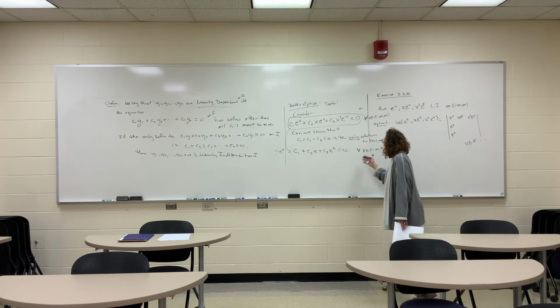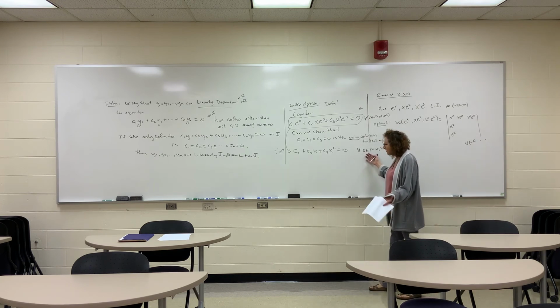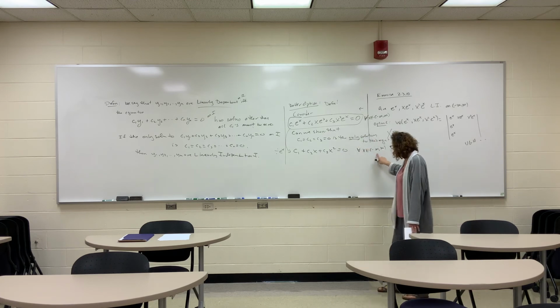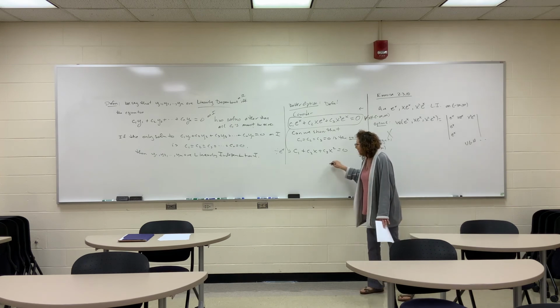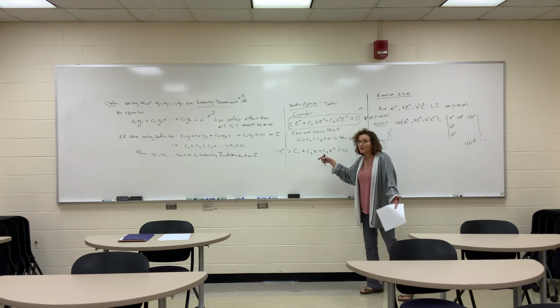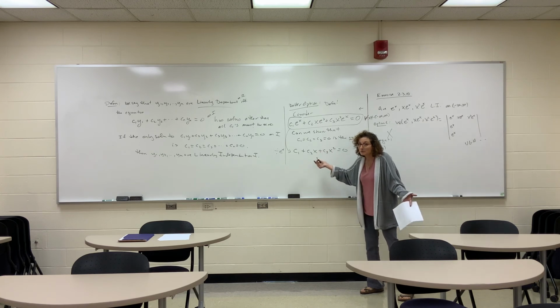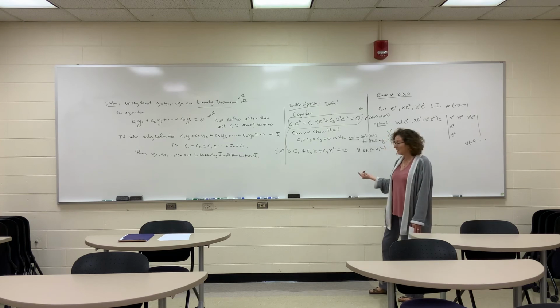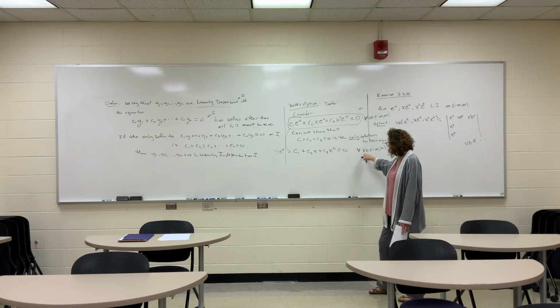Okay, so is it possible for this equation to be equal to 0 for all x, infinitely many x, when it's a quadratic equation that can have 2 roots? 2 places that make it 0, but this has to be 0 for infinitely many.